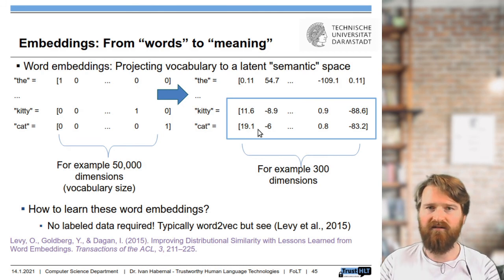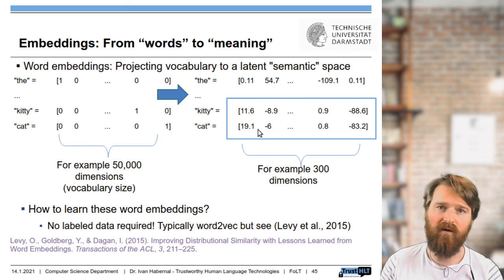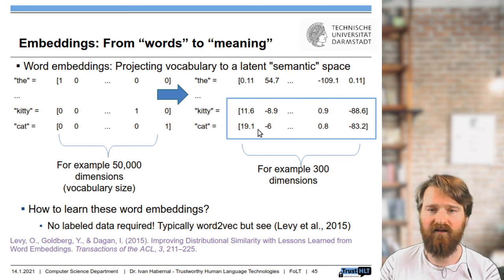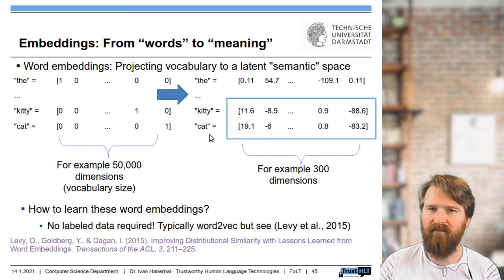I won't go into details, but there are methods for how to train it, and you don't need any labeled data. It comes from self-supervision on the data, when you just remove one word and try to predict it from the context. So basically you can estimate the meaning of a word based on its context in language.